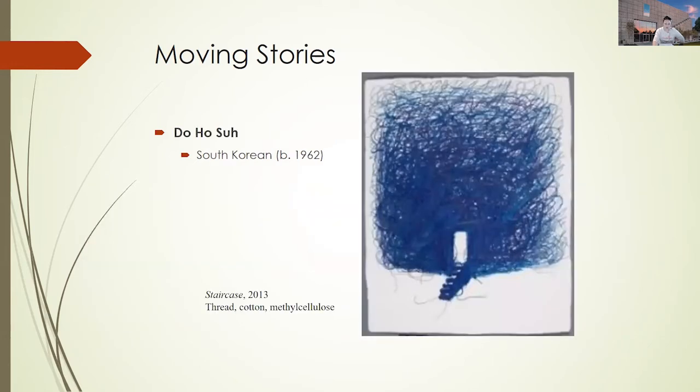So, within the moving stories, we also have some other works that you may think could fall more into the abstract concept, but they actually go along with the story process. Do Soo from South Korea created a series of large-scale works called portable homes, out of unconventional materials, and he would set them up around the world in different places.